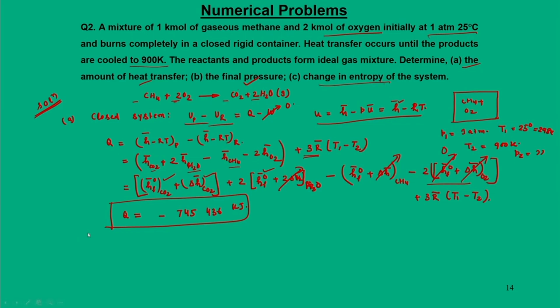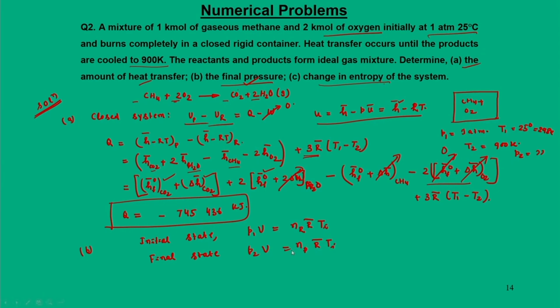Second part is final pressure. To calculate these final pressures we require the ideal gas equation. For the initial state we can write P1V is equal to NR R bar T1, and for the final state P2V is equal to N products into R bar T2.